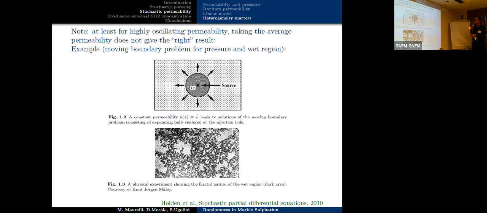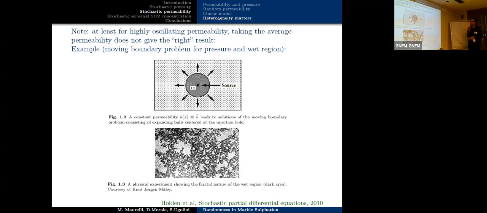The water diffuses in a certain region, which is the wet region. Here we have a linear pressure equation, and then you have the equation for the region where the water flows. So you see that if you have a constant porosity, then what you expect is just that the water expands through increasing balls within the space. A very simple picture.